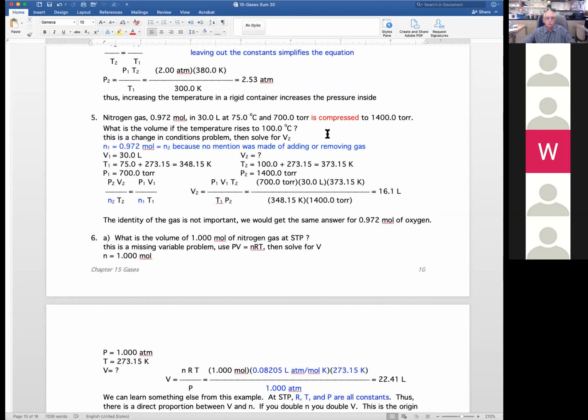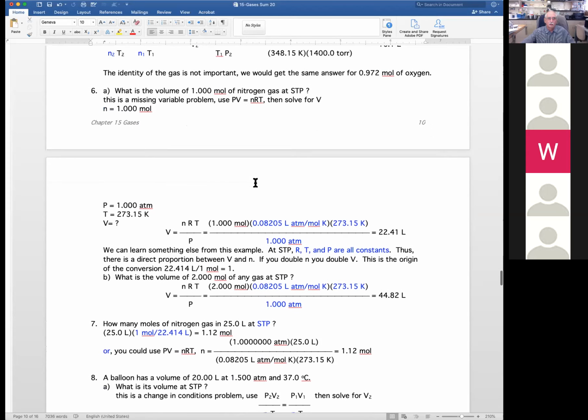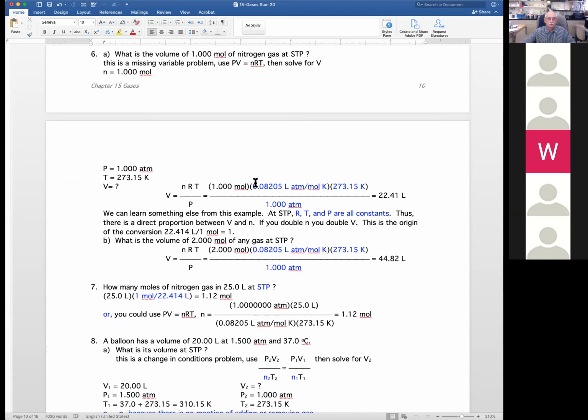So here's another similar one. Then look at this one. What is the volume of 1 mole of nitrogen gas at STP? It's a missing variable problem, right? They want you to solve for the volume. They're giving you N is 1 mole.